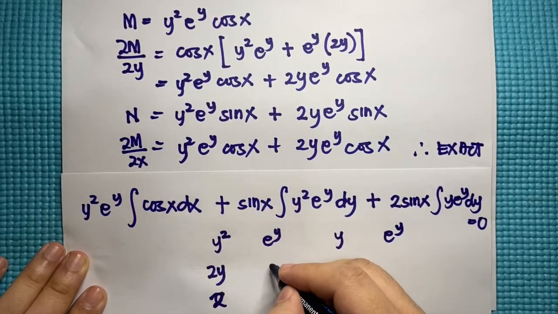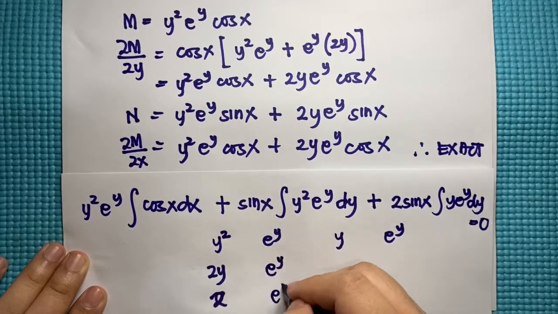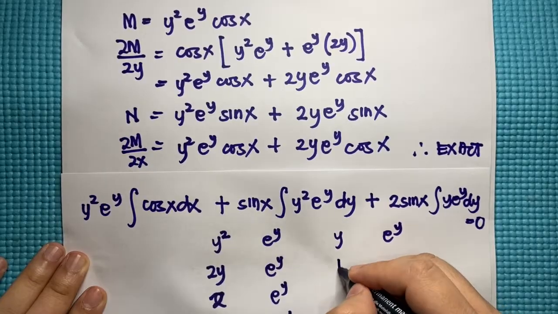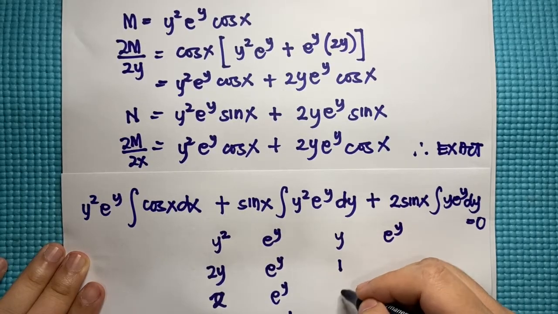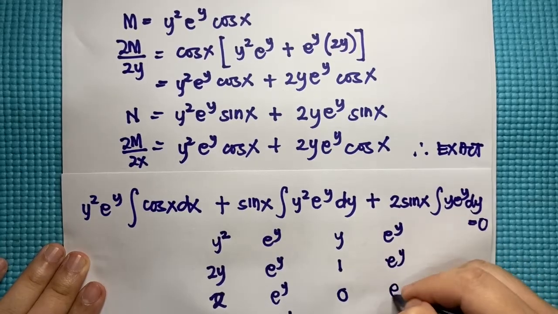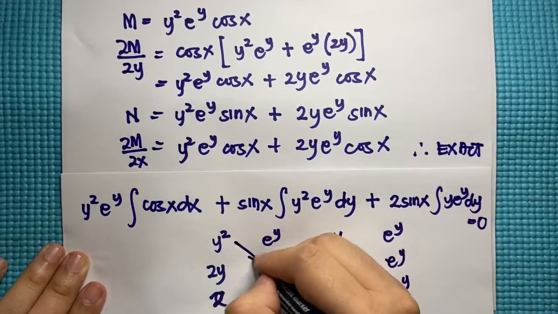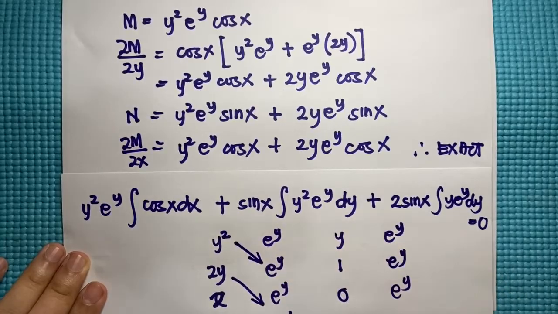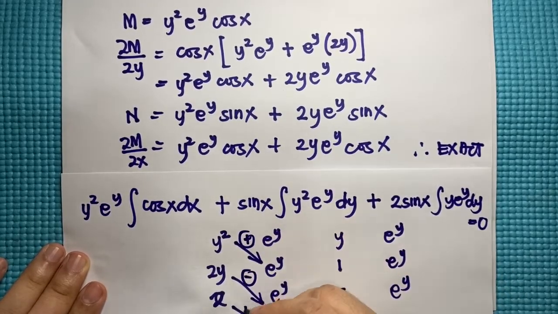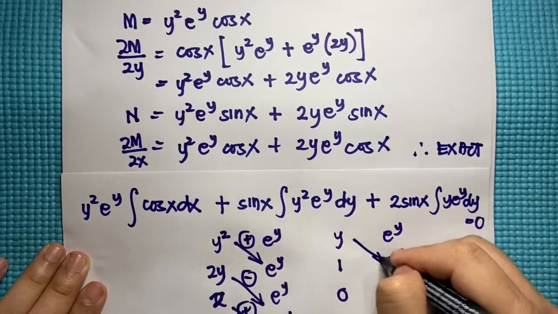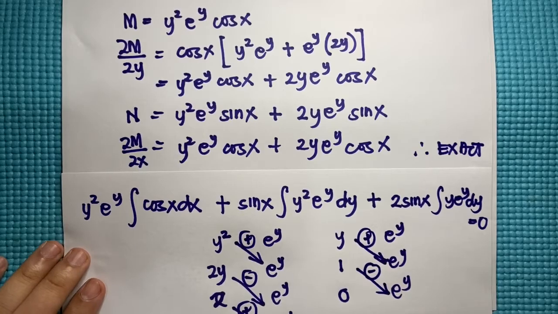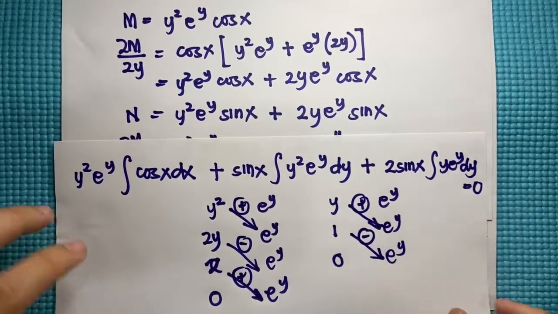The integral of e^y is the same throughout, e^y. So y would be 1, and derivative of 1 is 0. Then I'll have e^y. Okay, the solution is a bit longer, so positive, negative, positive. Positive here, negative there.